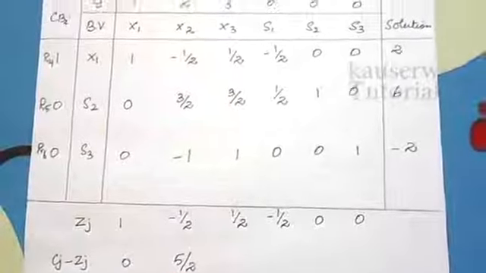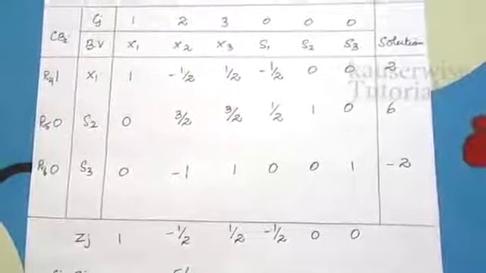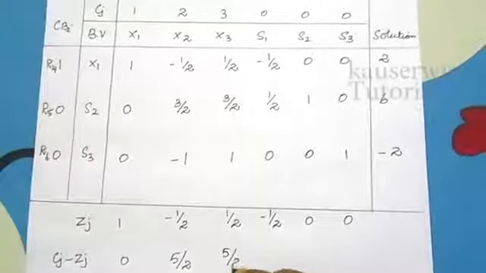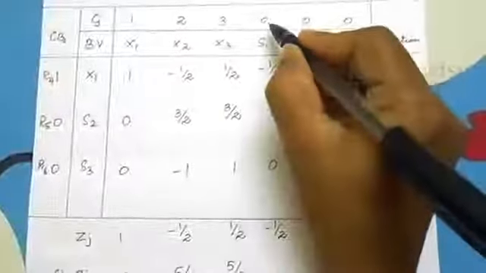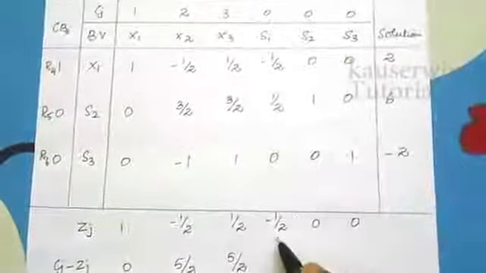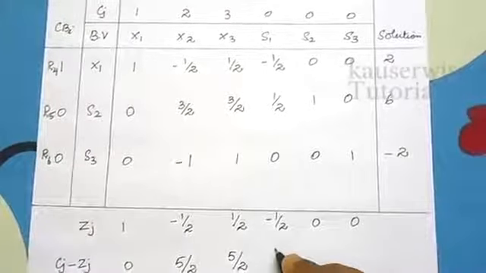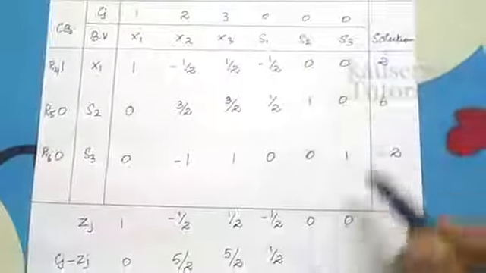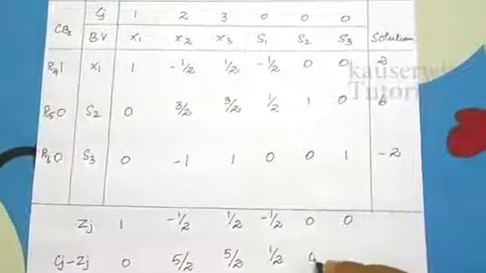In the same way, we need to find Cj minus Zj values for all other values. 3 minus 1 by 2 is equal to 5 by 2. See the next value, 0 minus minus 1 by 2. So it will be plus 1 by 2. Next value, 0 minus 0 is equal to 0.